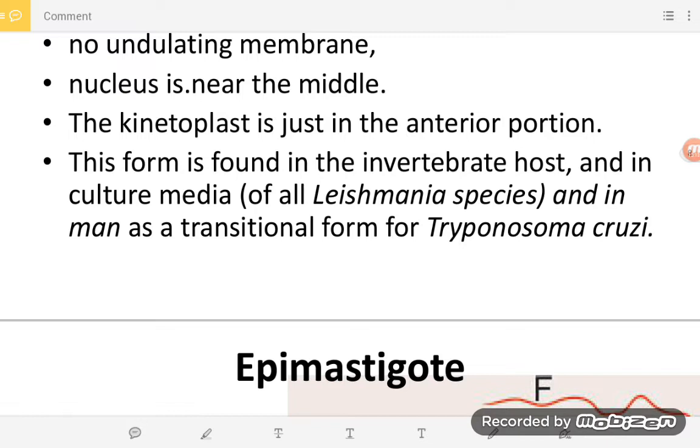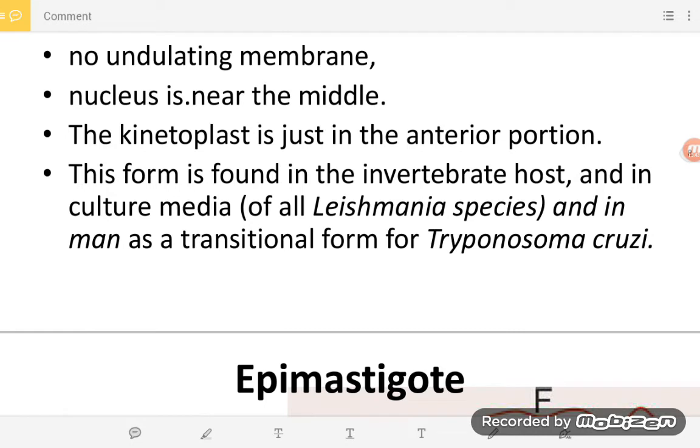In the case of leishmaniasis, there are two stages: one is the amastigote form, the other is the promastigote form. The amastigote form we can see in human, but the promastigote form we can see in the vector. Again, the promastigote form and the amastigote form in Trypanosoma cruzi we can see in man.